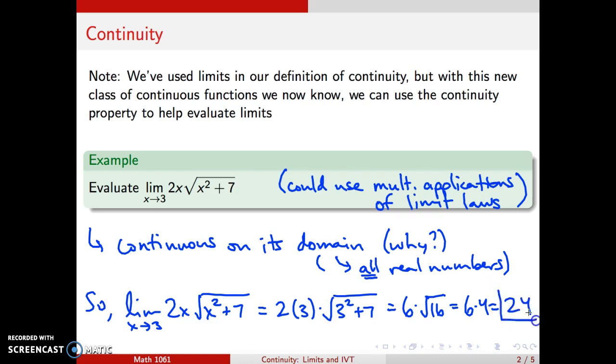And so the limit of that wacky expression as x goes to 3 is 24. It wouldn't take a ton more time to use the limit laws, but it is faster using the continuity property. So we want to use continuity to help evaluate limits.